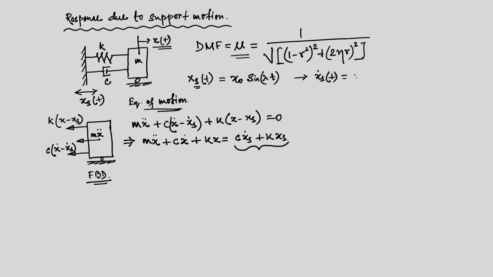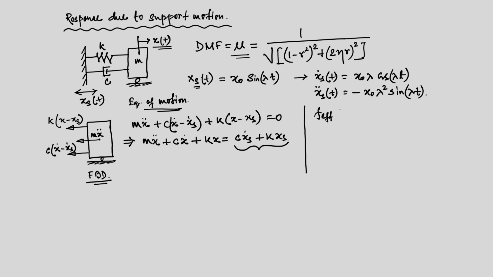Now, we know x s, so we can easily find x s dot of t, and that is x naught lambda cos lambda t. Similarly, x s double dot of t is equal to minus x naught lambda square sin lambda t. So, we have the support displacement and velocity, and then we can find the effective force.